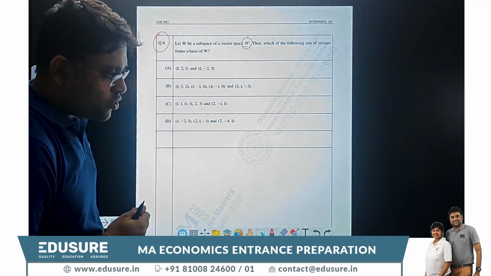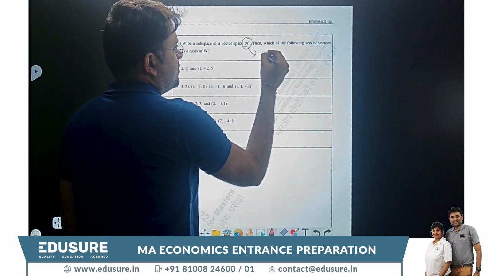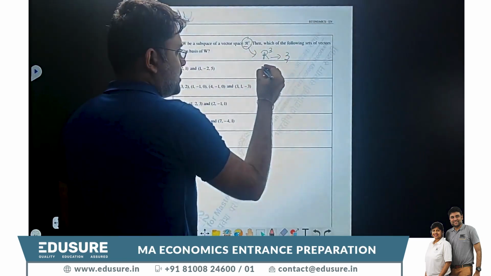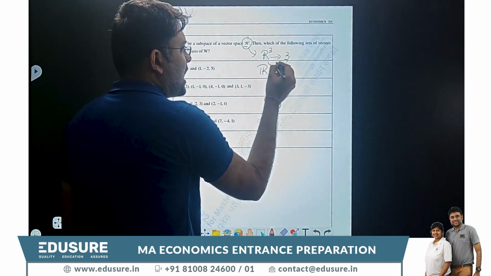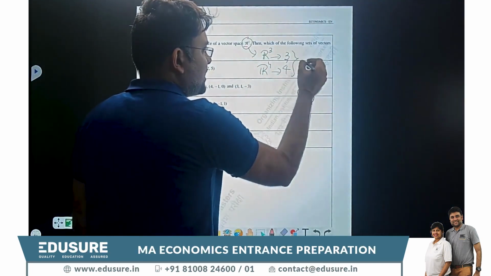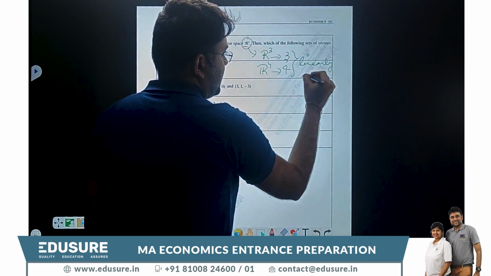Okay, so a dimension in R cube will be basically R cube type 3 vectors. A dimension in R4 will be R4 type 4 vectors. Now these vectors obviously have to be linearly independent.